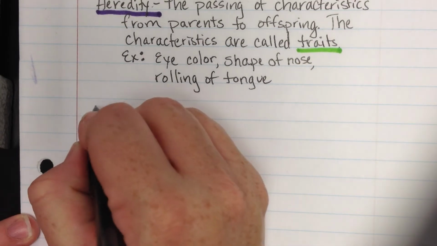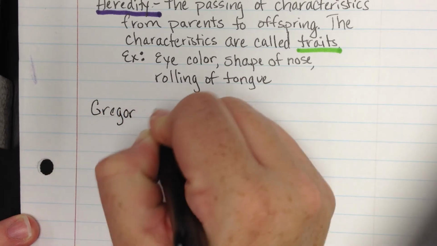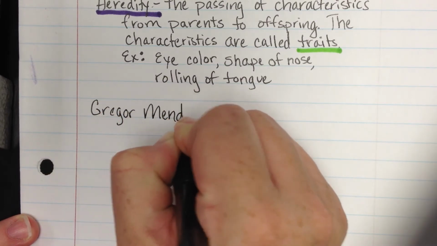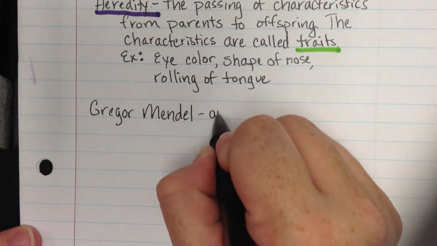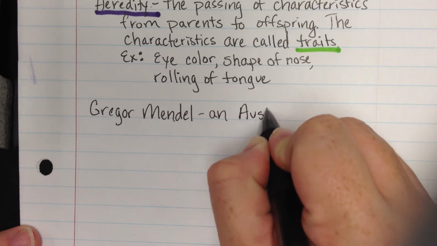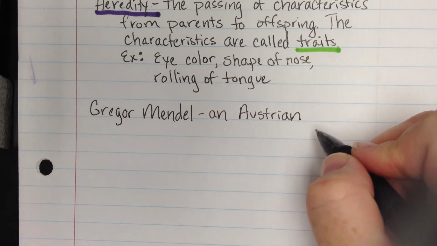All right, let's take a closer look at this gentleman. Again, his name is Gregor. You'll hear Gregor Mendel or Gregor Mendel. Either way is correct. He was an Austrian. That's not Australian. It's a difference. Austria is over in Europe.